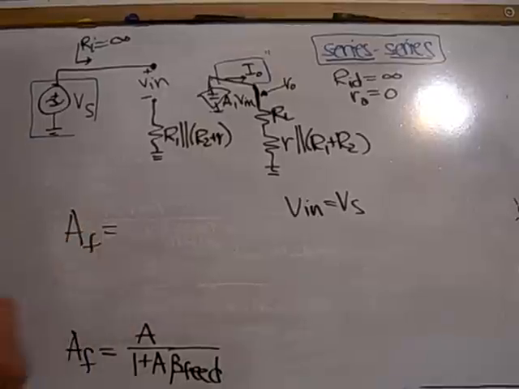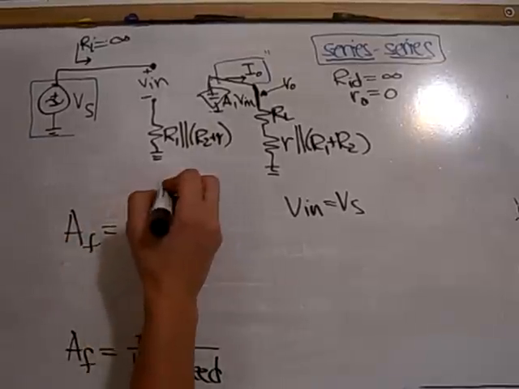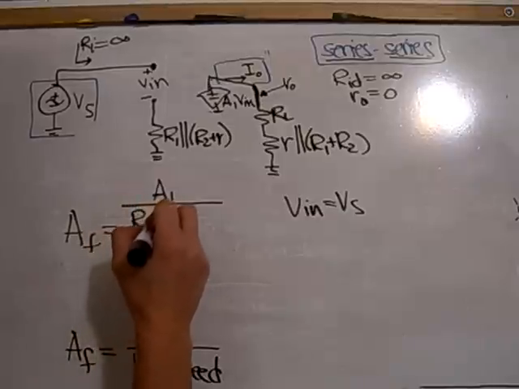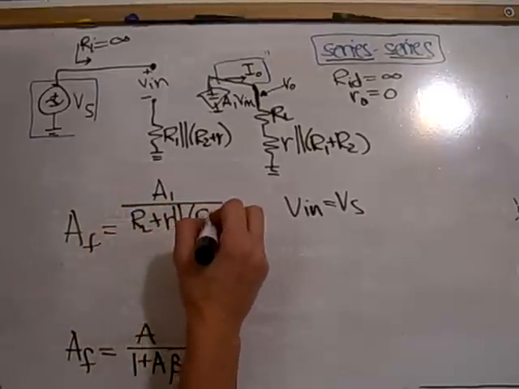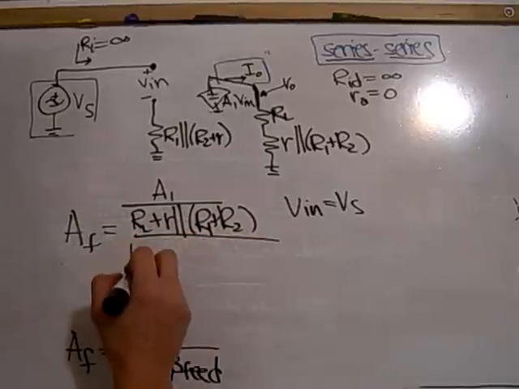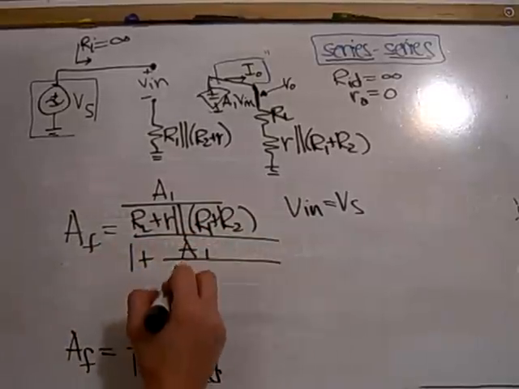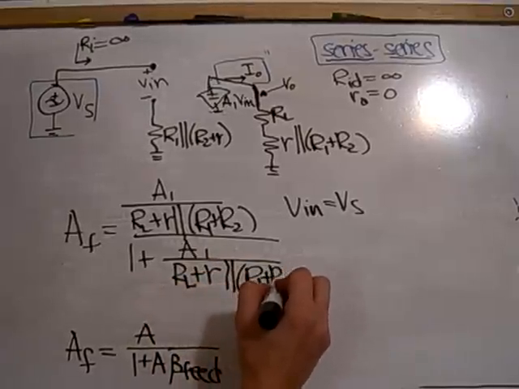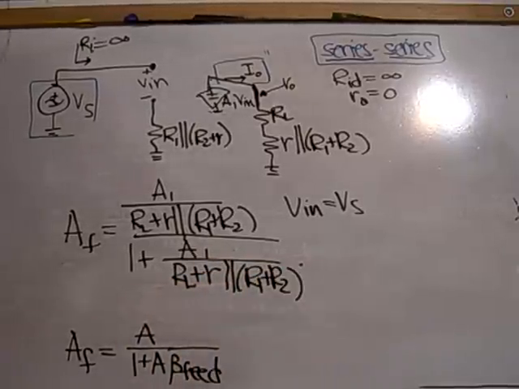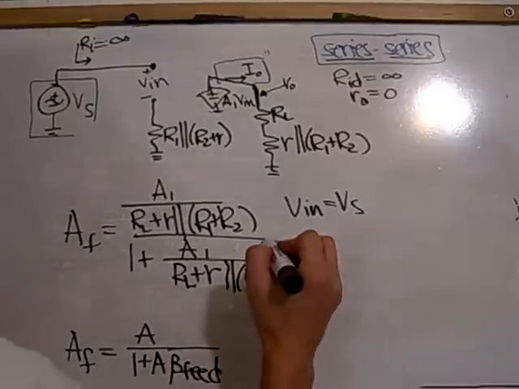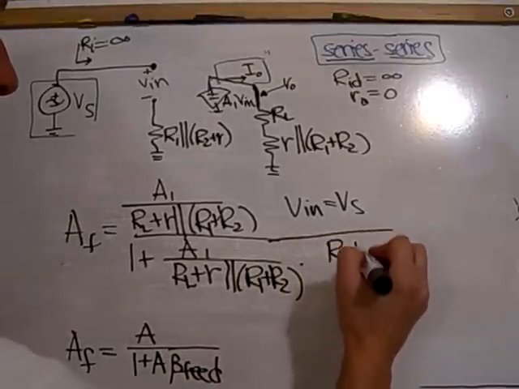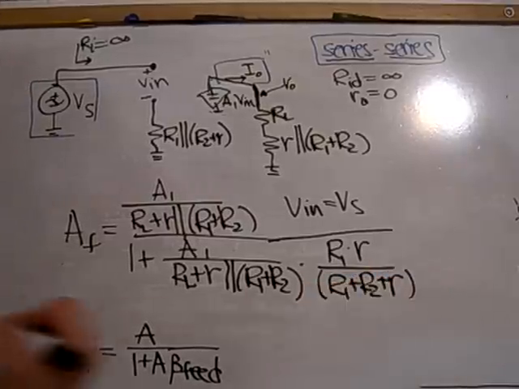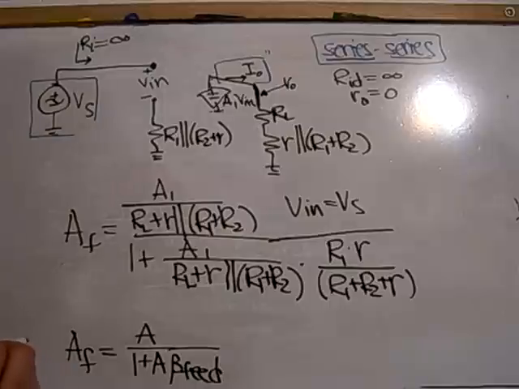AF is going to equal the A, which was A1, all over the summation of all of them, RL plus R in parallel with R1 plus R2, all over 1 plus A1 all over RL plus R in parallel with R1 plus R2 times beta feed, which is going to be R1 times R all over the summation of all of them, and that is my AF.